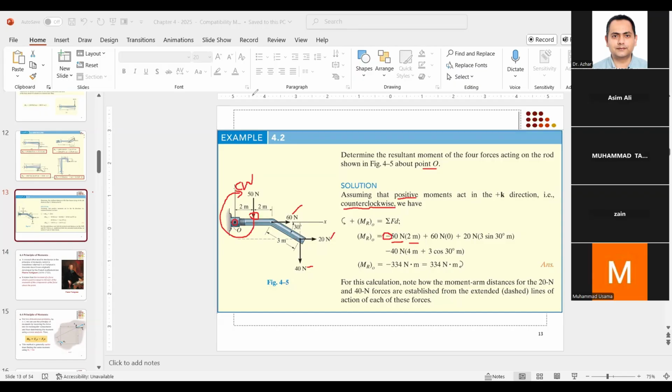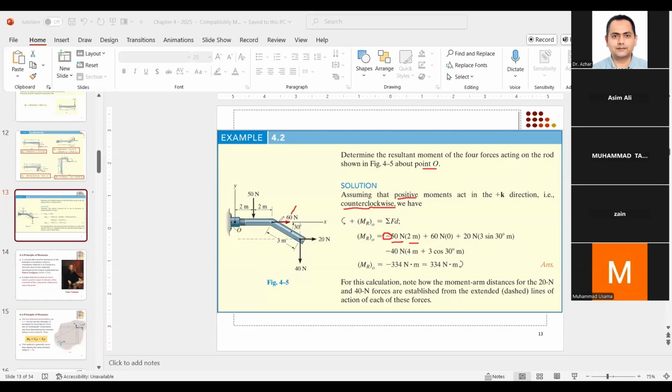And then, let me clear this out. Now let's talk about this 60. Look at the line of action of the force.